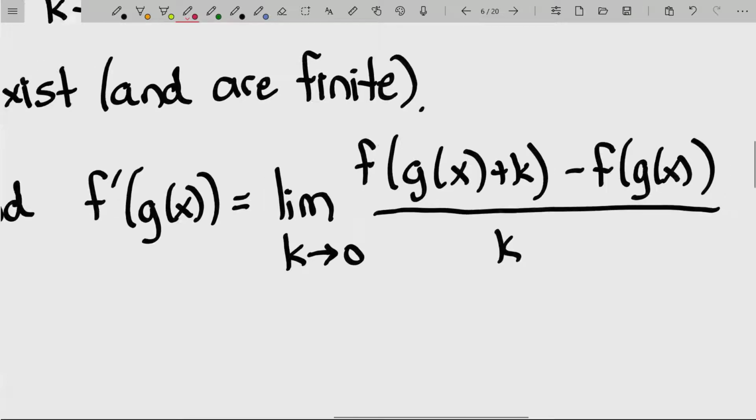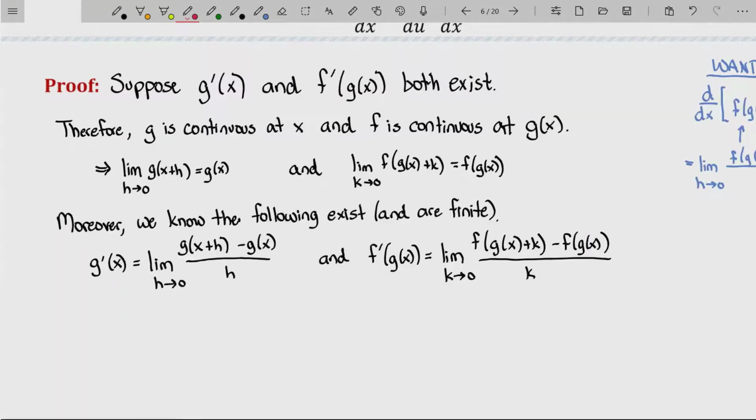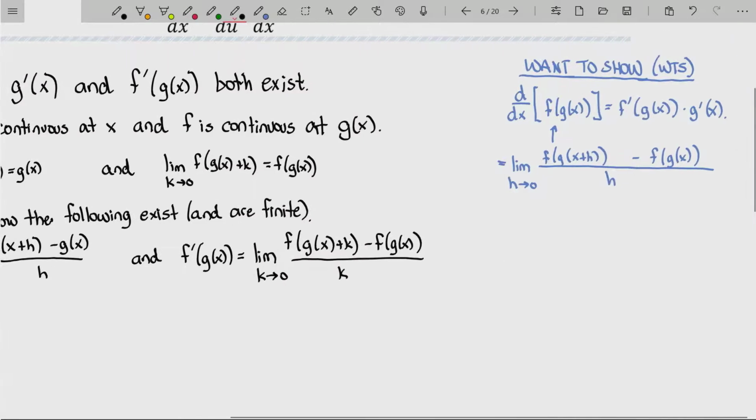So we have actually written down every little thing we possibly can concerning our functions with the given information. Now we have to actually start inventing or creating the mathematics or the proof. So looking over at what we want to show, we'll start by saying, well, the derivative with respect to x of f of g of x. Let's start with that.